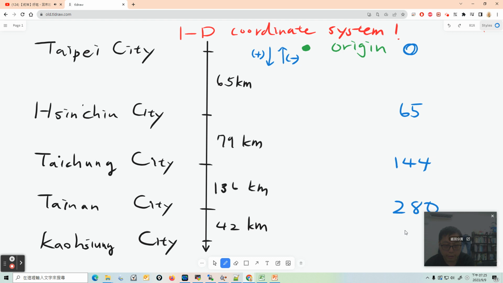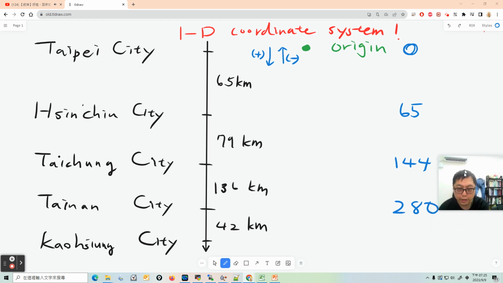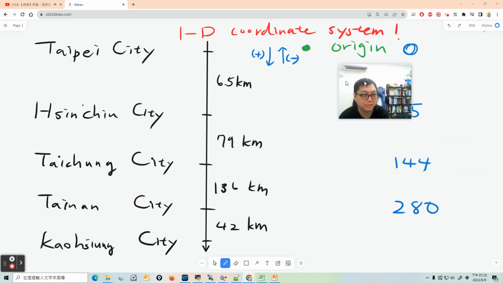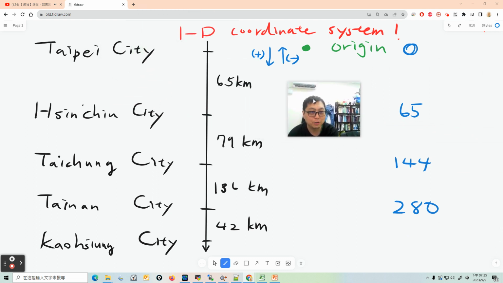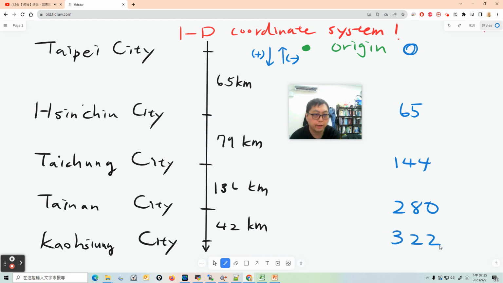Oh, I'm sorry. I should remove this. Where should I put this? Okay, here. And finally, what's the position of Kaohsiung City under this coordinate? It's 322, I believe. So under this coordinate, the position of each city is shown on the right hand side.